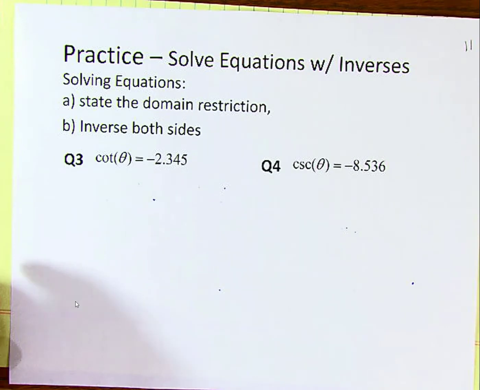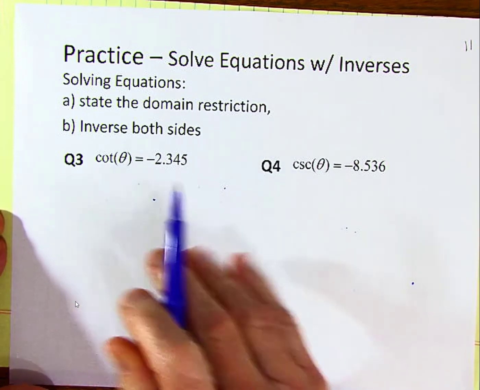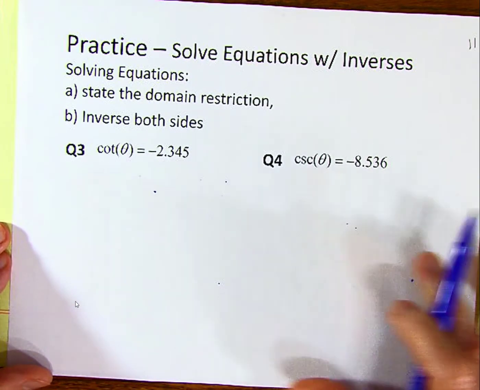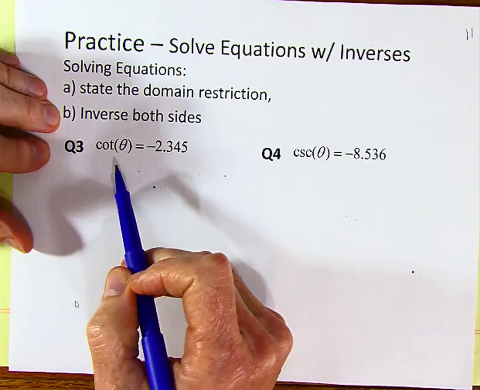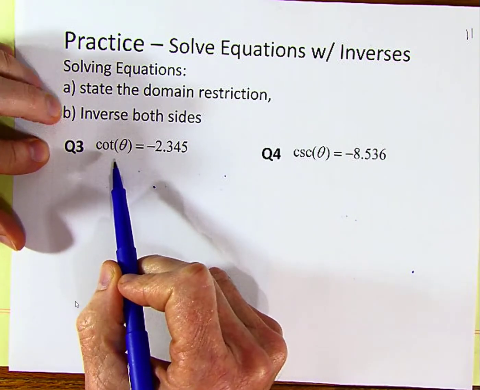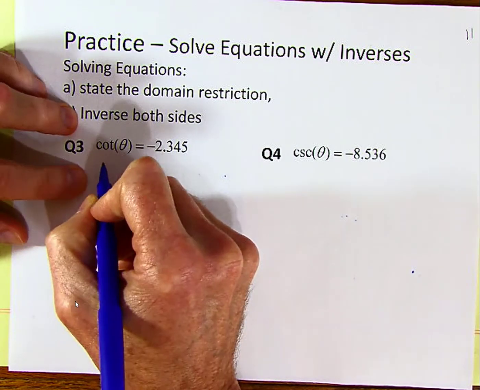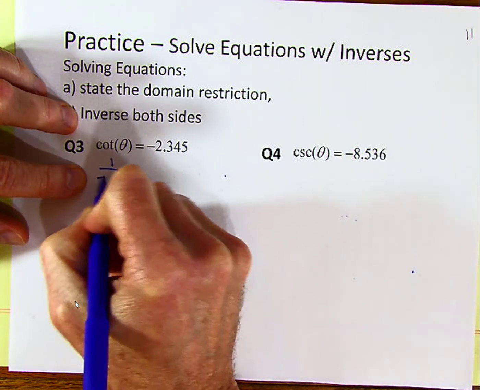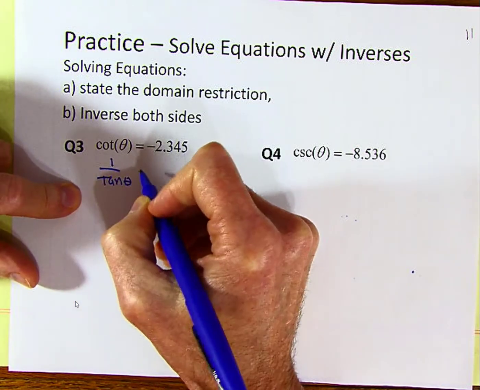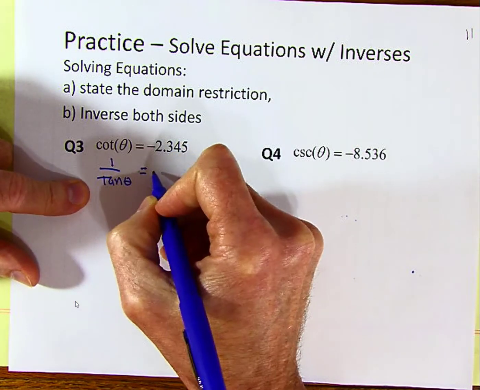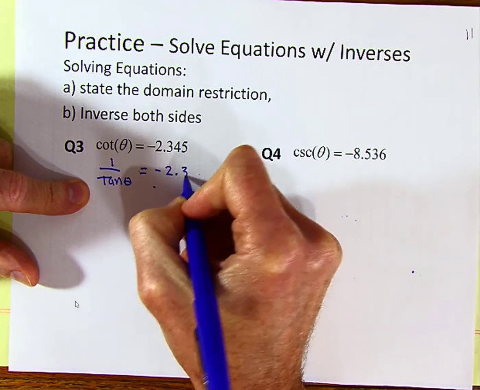So I can't solve this problem because it's not a tan inverse. I have to change this problem into something I can solve. But I can use identities here. So 1 over tan theta equals cotangent. So I could say 1 over tangent equals negative 2.345.